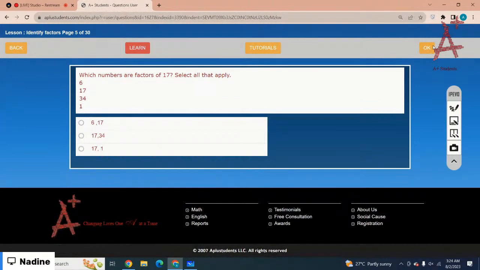Which numbers are factors of 17? Select all that apply. Which is the correct option? 6, 17, 34, and 1. The correct option is 17 and 1 because 17 times 1 makes 17, right?